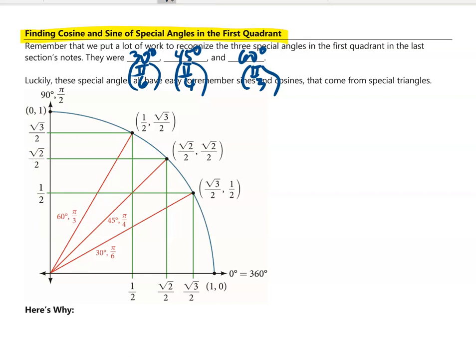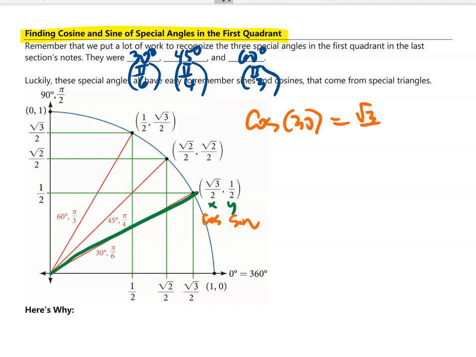This is 30 degrees, and we have the coordinates square root of 3 over 2 and 1/2. This is your x, y, so meaning this is your cosine and this is your sine, and we can say that cosine of 30 degrees is equal to square root of 3 over 2, which is the same thing as cosine of pi over 6, in radians.